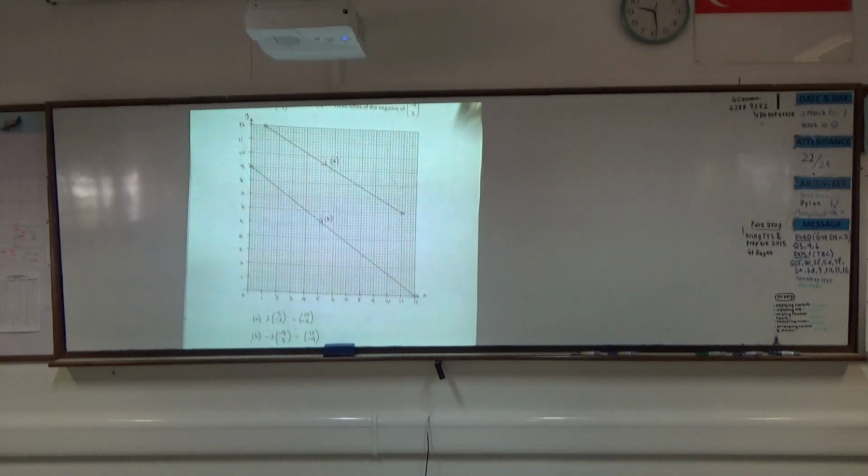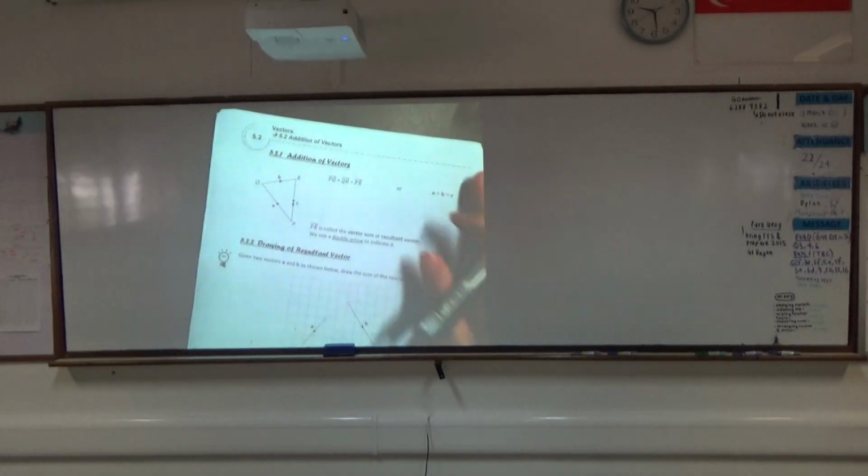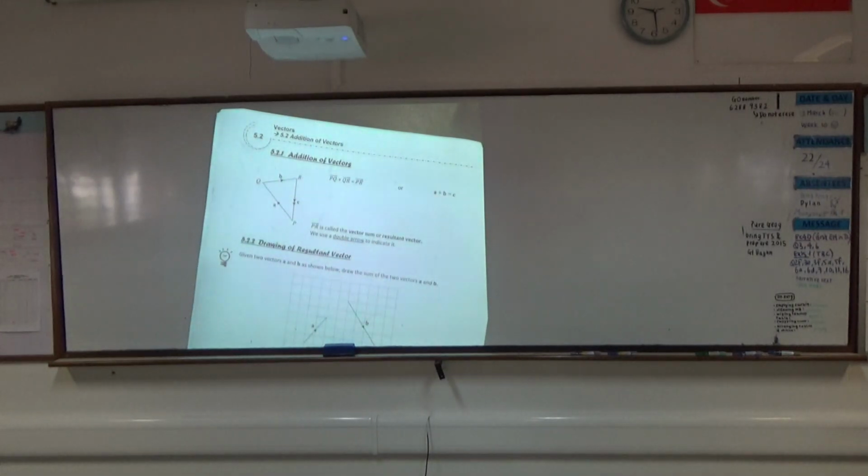Okay, next we're going to talk about addition of vectors. How addition of vectors is going to work relies on something similar to our matrix multiplication, where the number of columns and number of rows have to be equal for the left matrix and the right matrix respectively.